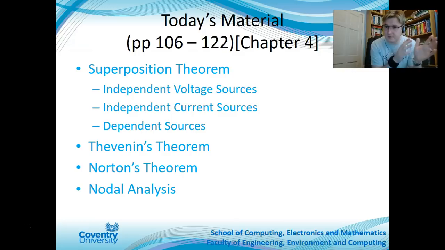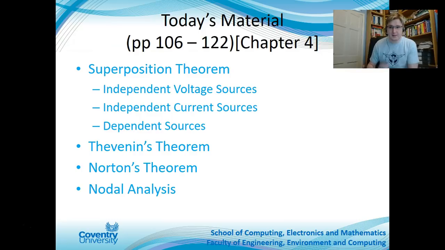You can also convert between the two using the source conversion rule that we discussed in previous sessions. The nodal analysis part at the end is the bit that the 102 CEM students don't need to do, but the 102 CDE students do.